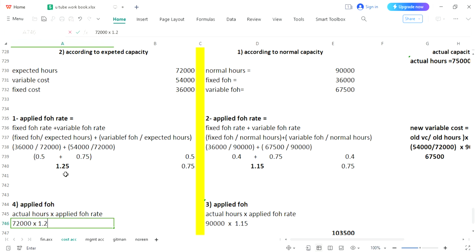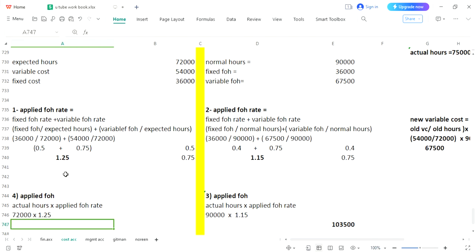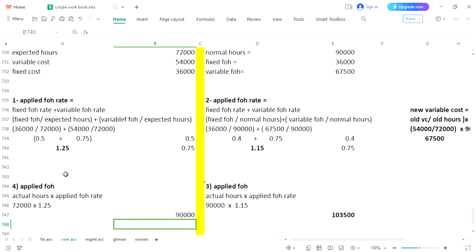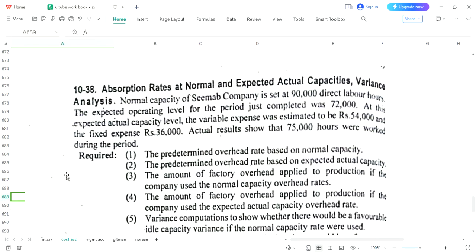So you can put 1.25 over here. Calculations completed. It's time to put it on the calculator. 72,000 multiplied by 1.25. So we have our applied FH again, for the fourth and fifth point.